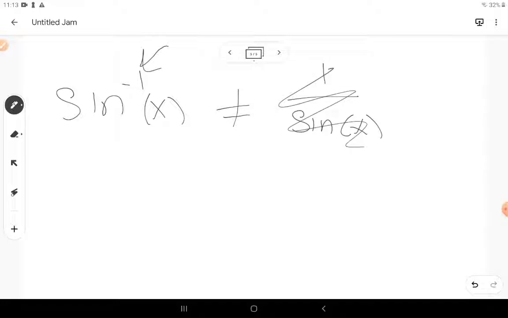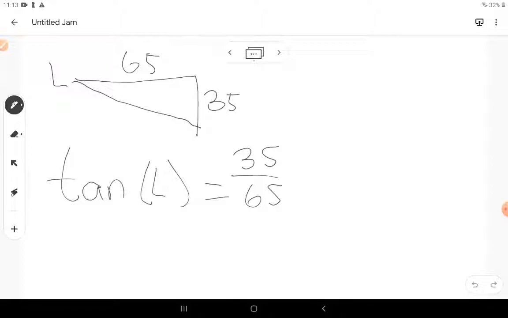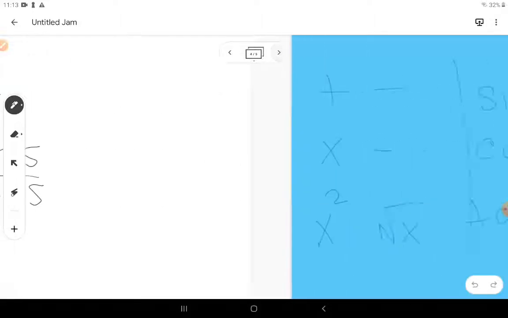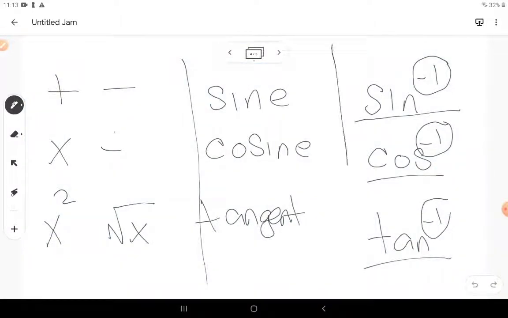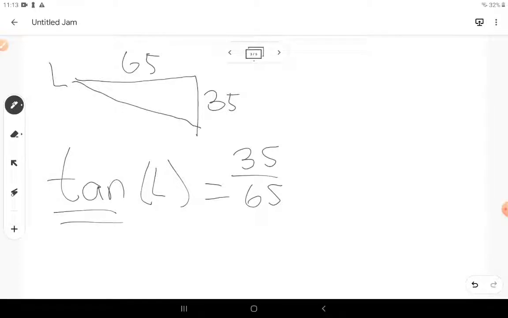All right, so let's go into solving angle L. Go back a couple of pages. Okay, so we have our new trig functions, our inverse. Since we are working with tangent, we must use the tangent inverse.